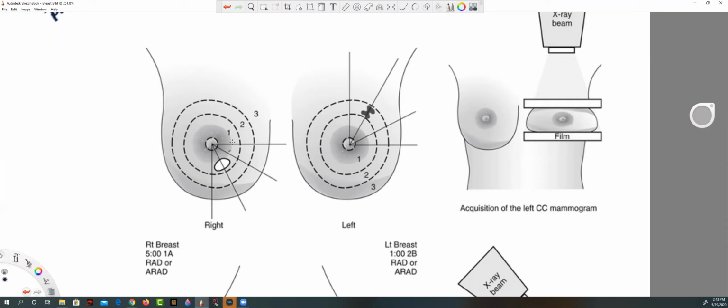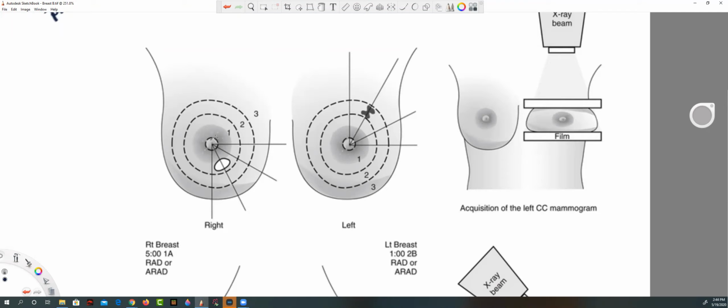A small breast is going to have a small 1, a small 2, and a small 3. A large breast, large 1, large 2. In other words, if this breast is twice as big, every one of these sections is going to be twice as big. But it still helps. I mean, you just look at the breast and figure it out.